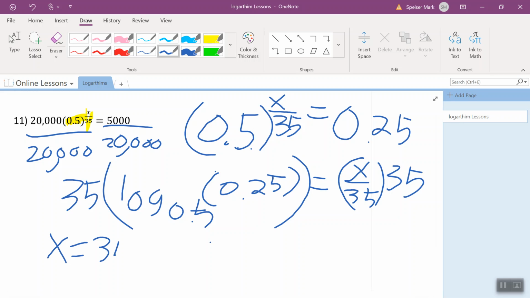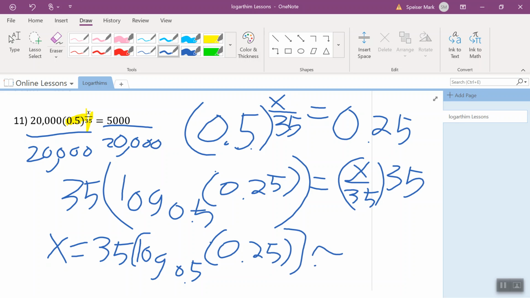So you plug 35 times log base 0.5 of 0.25 into the calculator, and in this case you get an exact answer. I'm not going to explain why I know that, but you get an exact answer.